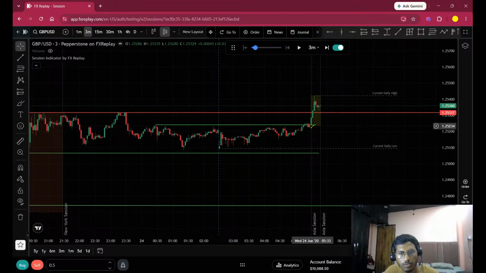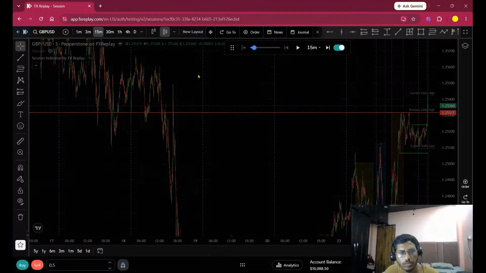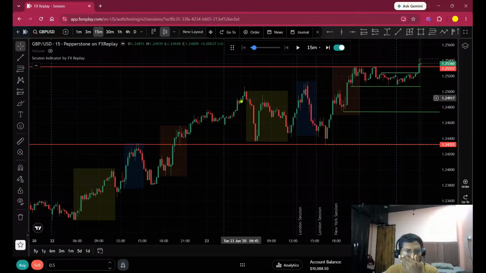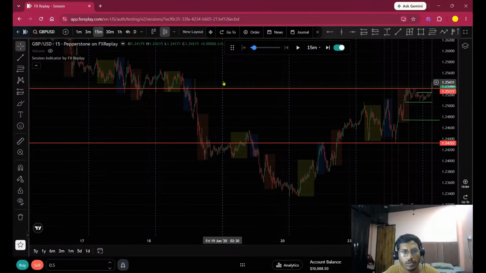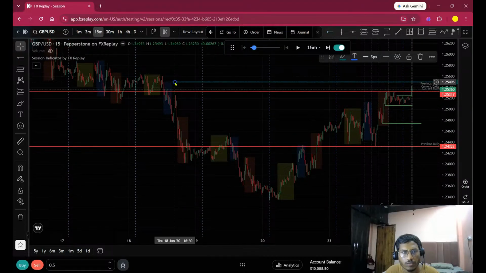Clear candle formed. Do we have any liquidity? Yes, we have liquidity here as well, and here as well.